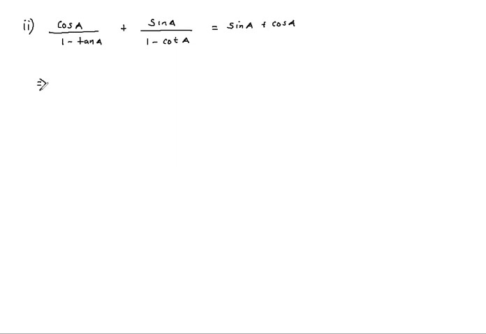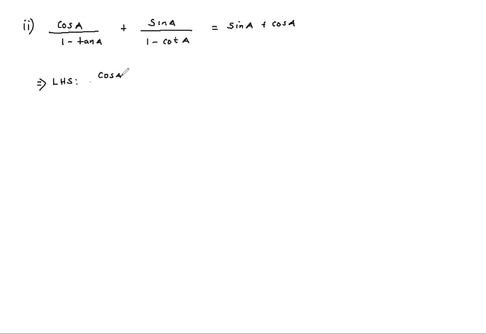So we have 1 minus tan A, 1 minus cot A. So we pick the left hand side. The first thing here is you choose to get the common denominator at this point or to change everything to sine and cos. So first, let's change everything to sine and cos.